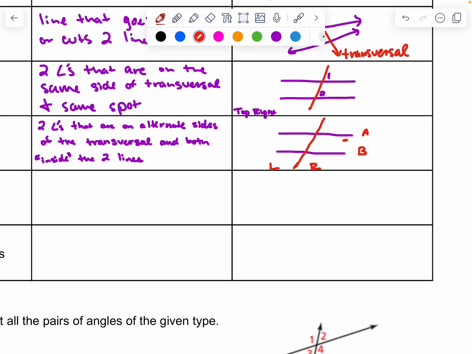Inside those lines would be here, that's where they're overlapping, right? That's where they're shared. Or you could think of it like railroad tracks. If a train were to go over top those purple lines on that track, that's inside the tracks, right? The train goes over top of it. If it's outside the tracks, you don't have to worry about it, right? It's exterior. Okay, so just something to know.